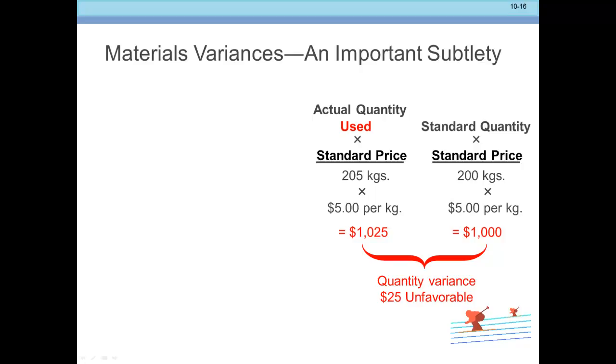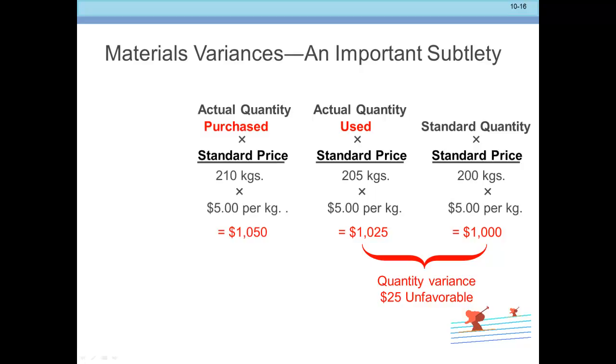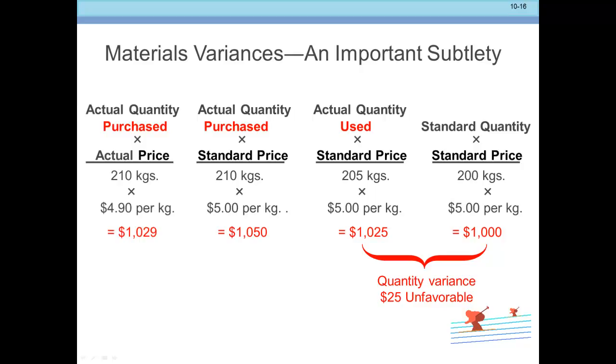Then, for price variance, we compare actual quantity purchased, not used, times standard price with actual quantity purchased times actual price. I got it. We use quantity purchased to calculate the material price variance. That's right. In this case, our price variance is $21 favorable.